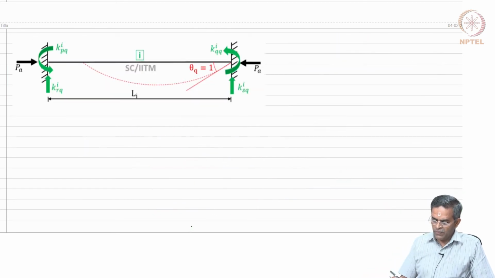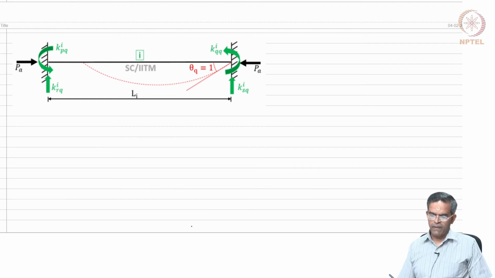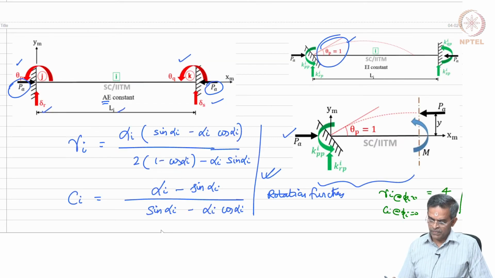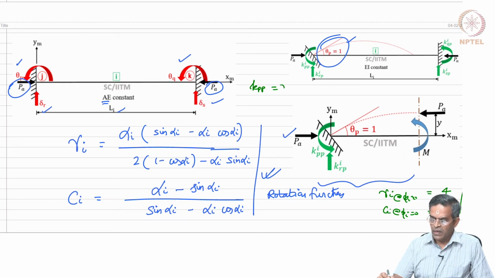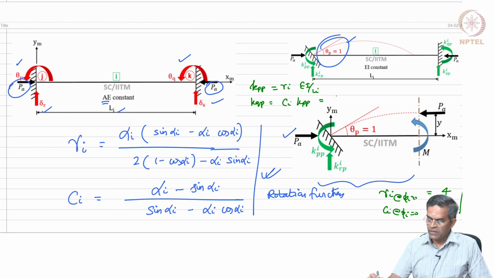Then, if you recollect, we gave rotation at the kth end and derived the coefficients simultaneously. For this particular case, Kpp was found to be Ri times of Ei by Li, and Kqp was found to be Ci times of Kpp, which is Ci times of Ri of Ei by Li.